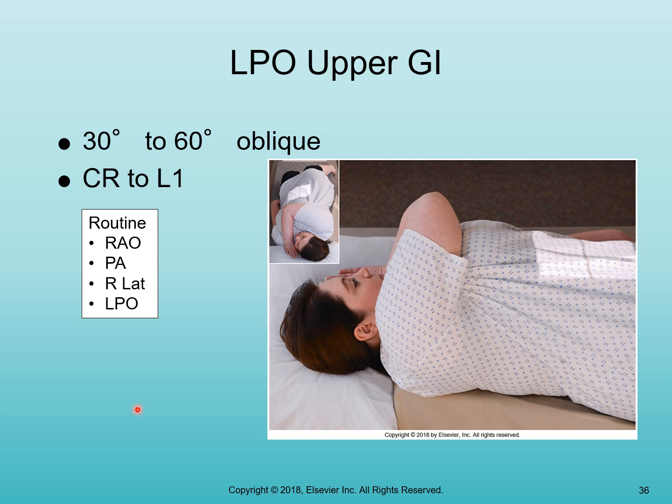Once you're done with the AP, all the other positions, the LPO, the RAO, and the right lateral, you are collimated to a 10 by 12 portrait. Okay, so we collimate to a 10 by 12 portrait.